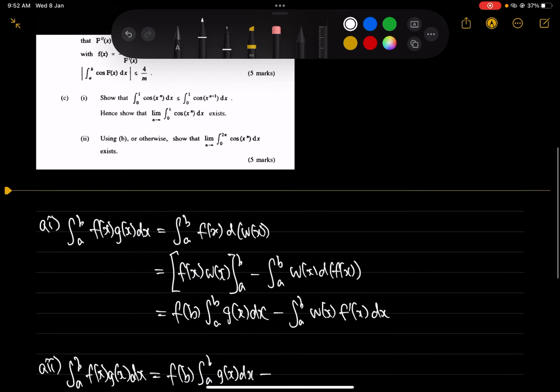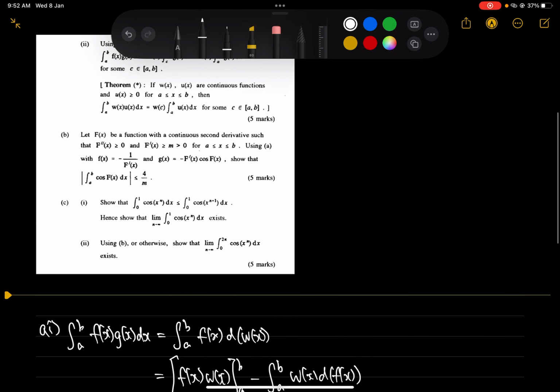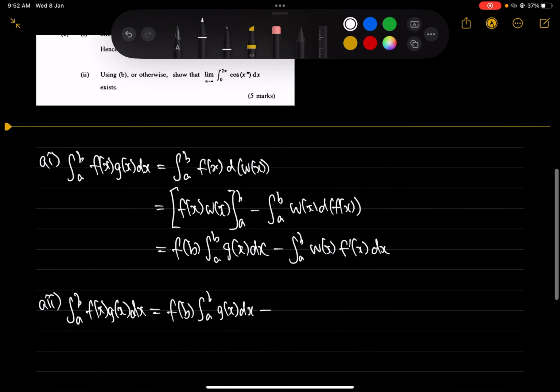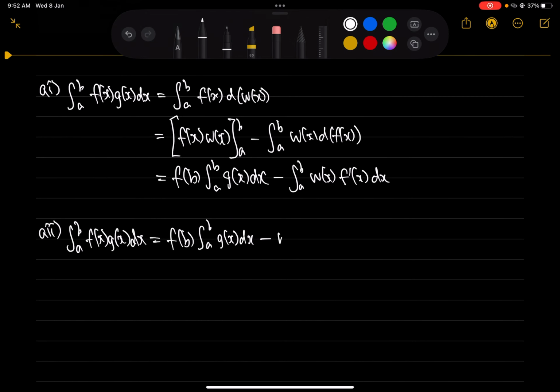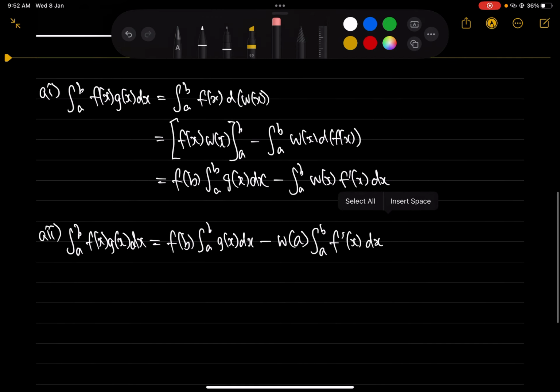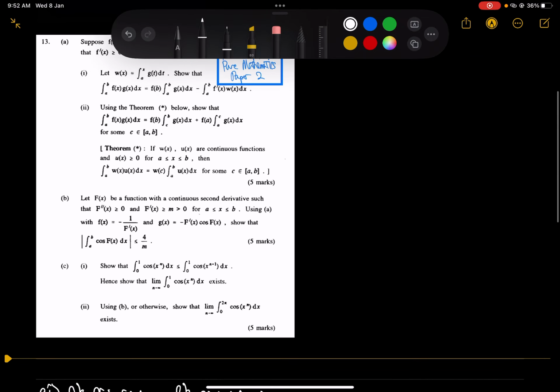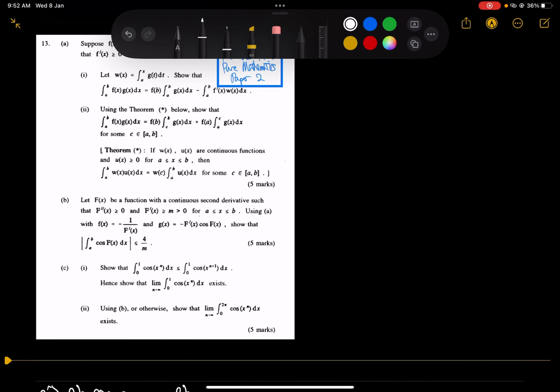And then we could now use theorem star here and say this is W of A, from A to B of f prime of x dx. It should be C, sorry about that. Where C belongs to this interval because the theorem star says so.